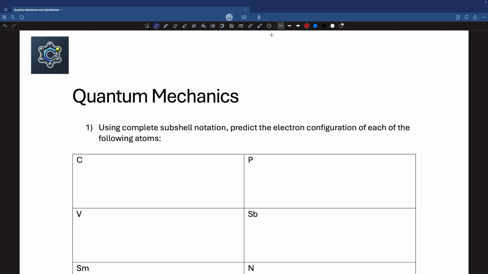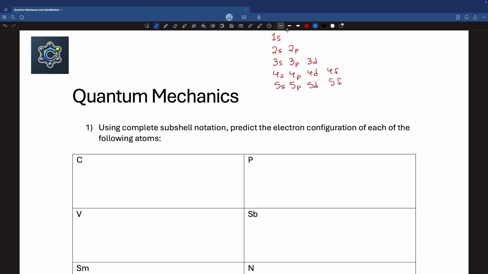So before we start, let's write out the chart that we had in the video. This will help us understand the order of all our orbitals. So let's go down to maybe 5s. And then we have 4d, 5d, and then we have 4f, and then 5f.